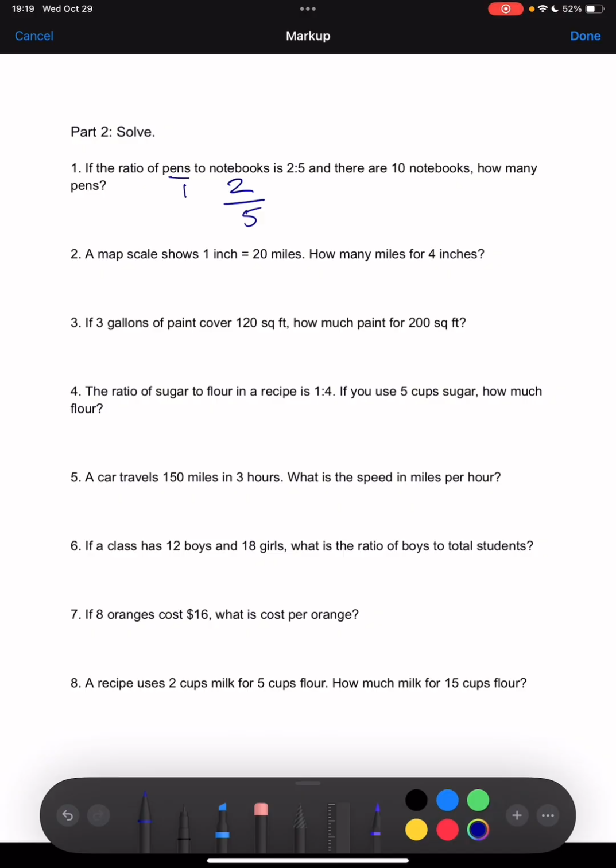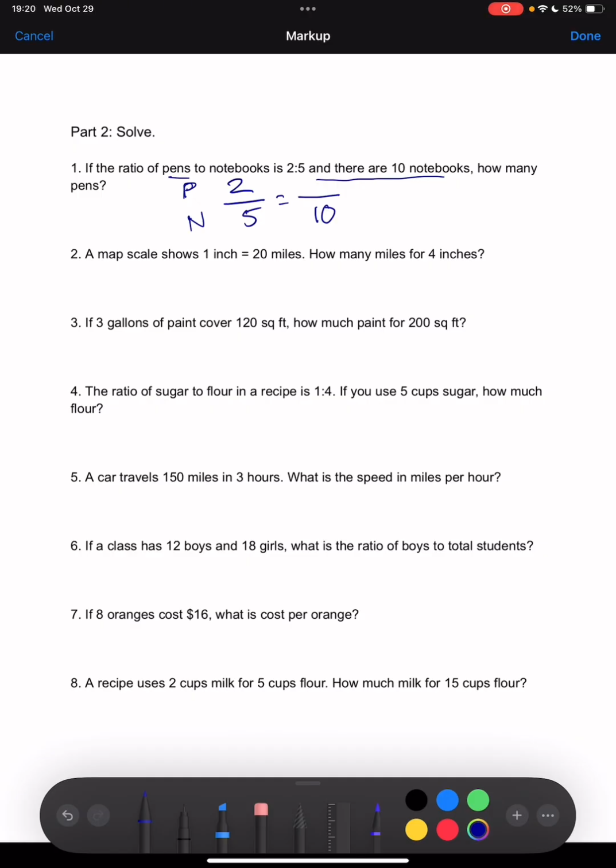Pens, there are 2 pens and 5 notebooks. And how many pens would there be if there are 10 notebooks? So we're going to write 10 on the same place where the notebooks are, which is the denominator. And we are just going to multiply.